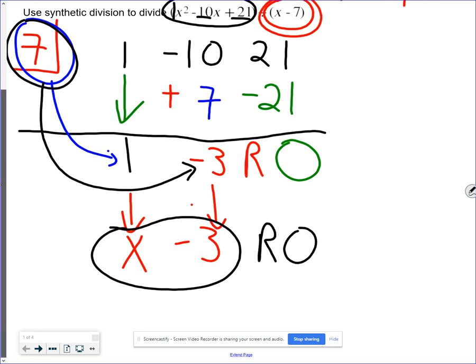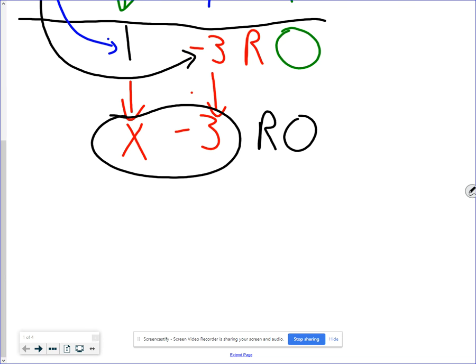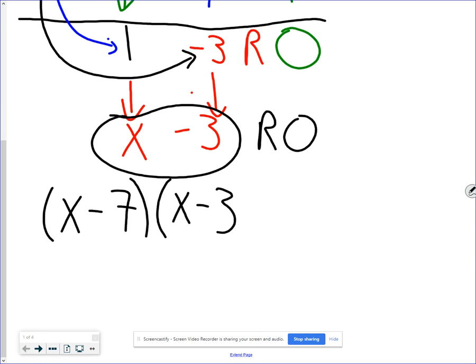And we could check our answer here to see if we got the right one. So let's go ahead and do that. We divided x minus 7. That was our divisor, and our quotient was x minus 3. So if we FOIL that out, we'll have x times x is x squared. We'll have x times negative 3 is negative 3x.